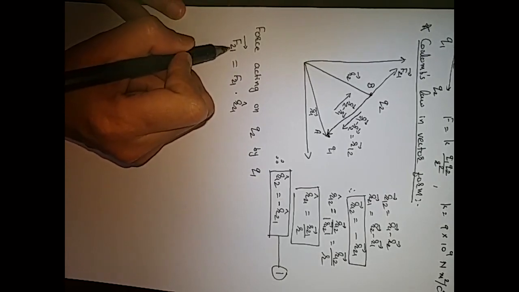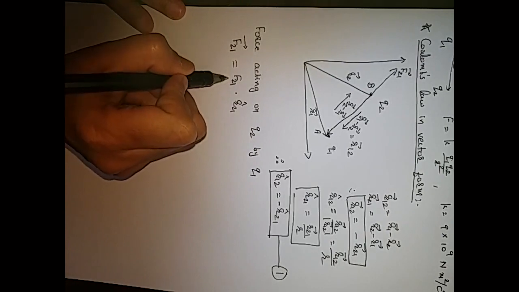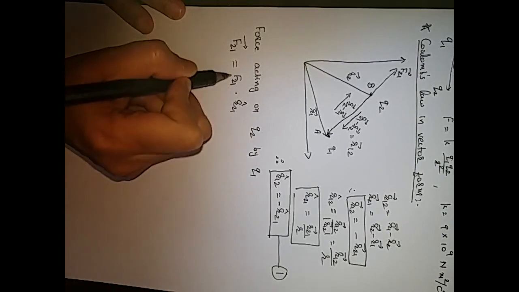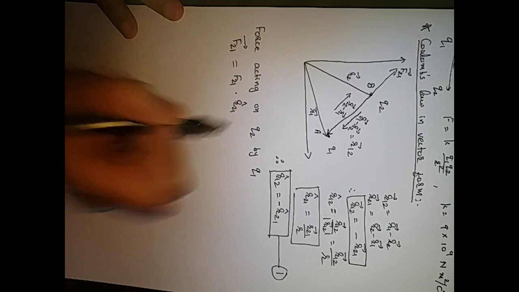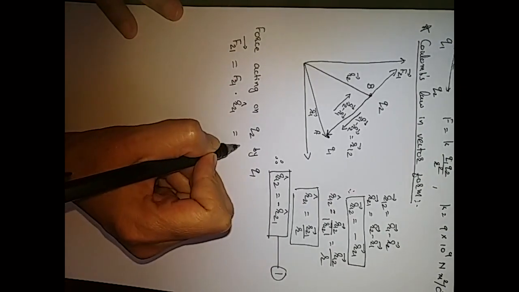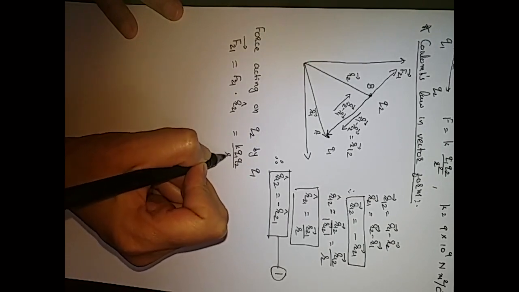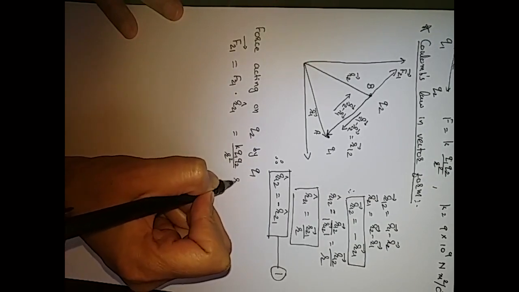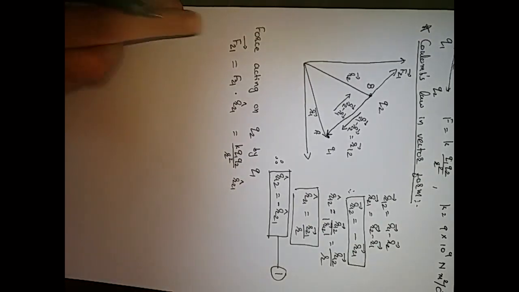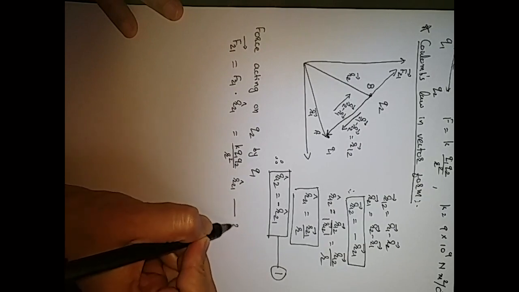Because we know that any vector can be represented by its magnitude and direction. So F21 into unit vector. The magnitude of F21 will be K Q1 Q2 upon R square into unit vector R21. So this is your F21. This is my equation number 2.